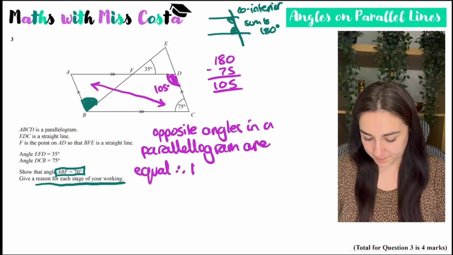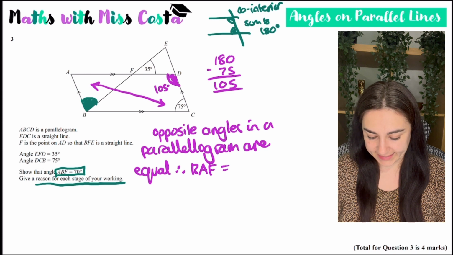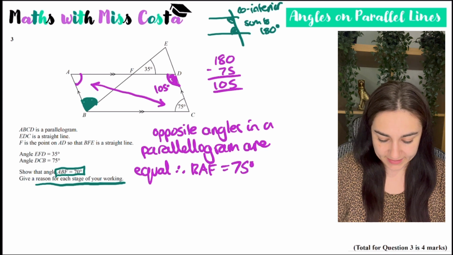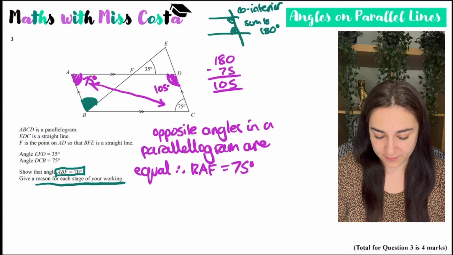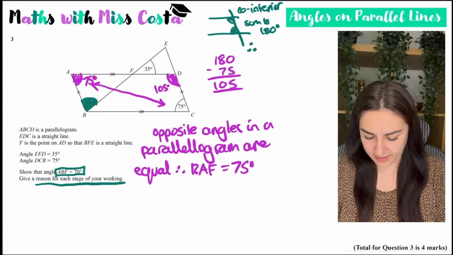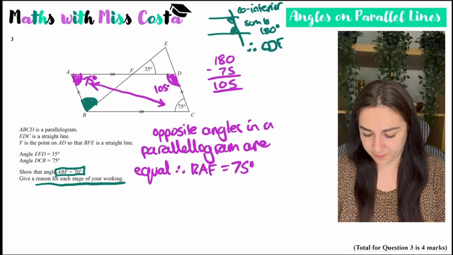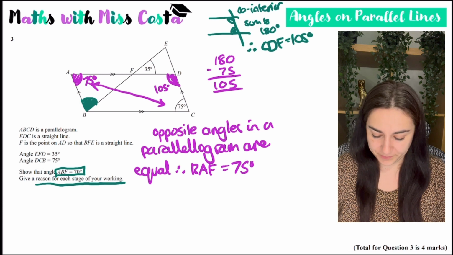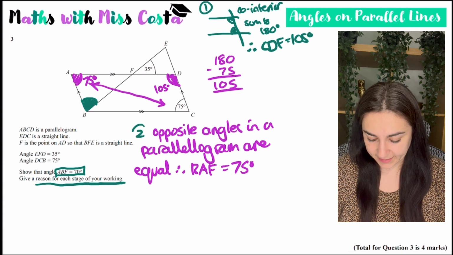Therefore, angle BAF is going to be 75 degrees. So I've got this angle here is 75 degrees. Also should have done full working here to say therefore angle CDF is 105 degrees. Okay, so that's step one, that's step two.